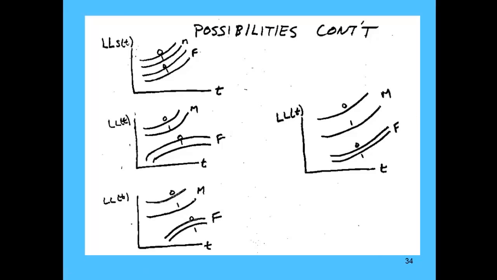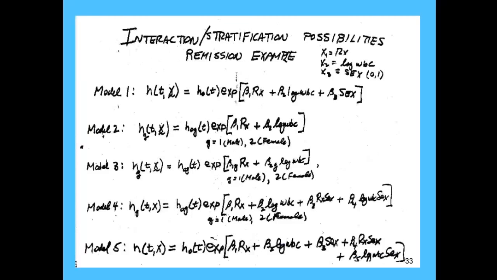Well, the difference between treatment and placebo for males is a lot more than the difference between treatment and placebo for females. What does that mean? Interaction between the effect of treatment and the sex variable, right? What model has that? When everything's parallel. That was model 5, right? Got it? Okay.